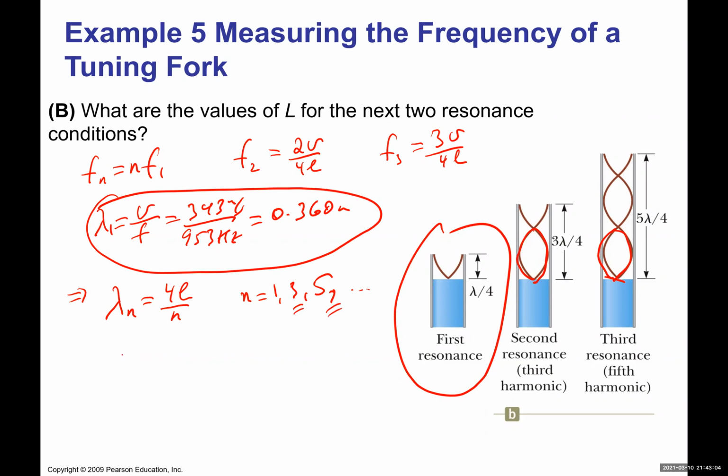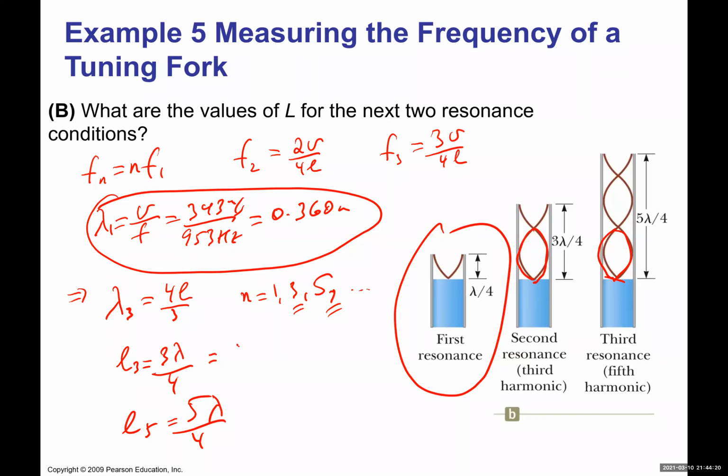So if I rearrange, L, if we're talking about 3 over here, equals 3 lambda over 4. So L for 3 is 3 lambda over 4, and L for 5 will be 5 lambda over 4.